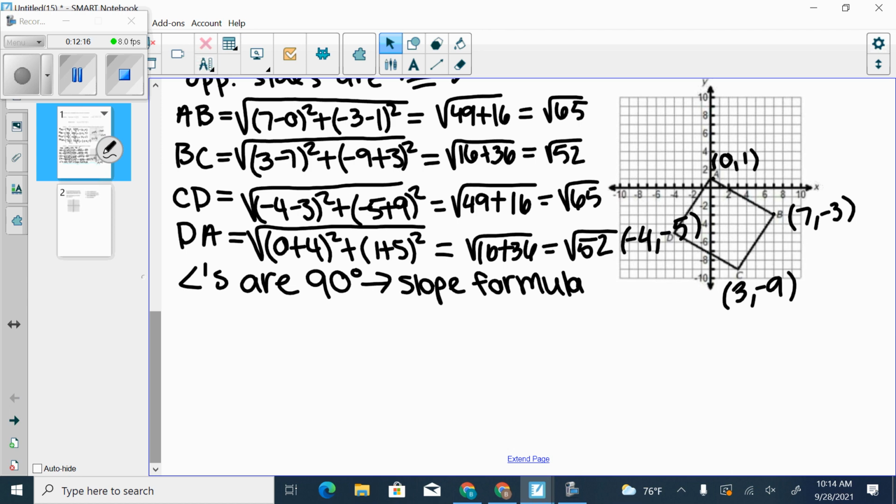So let's first do this for change in y over change in x. We'll do this for side or for line AB first. Okay. All right. So our slope formula is y2 minus y1. What's that going to be for AB?